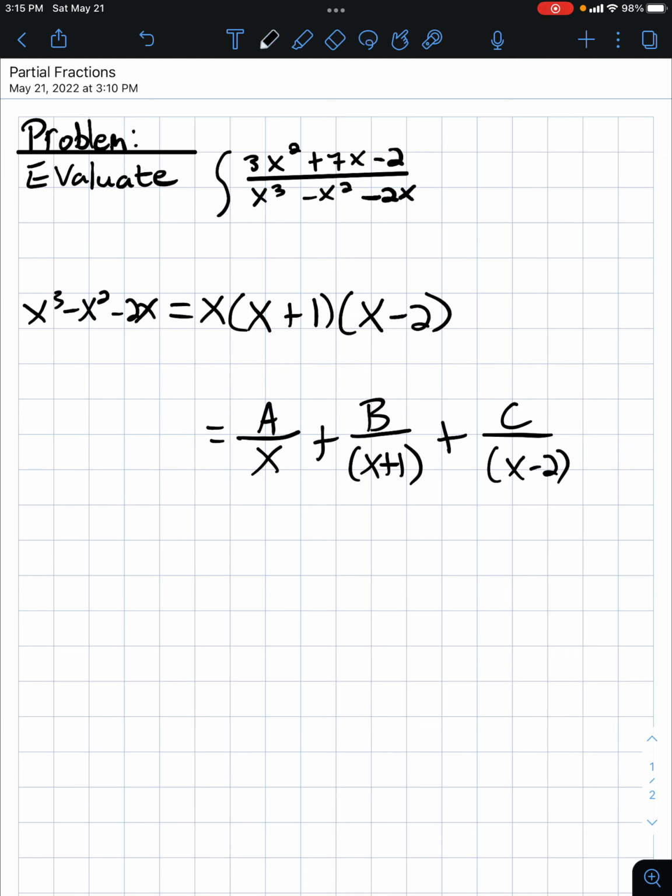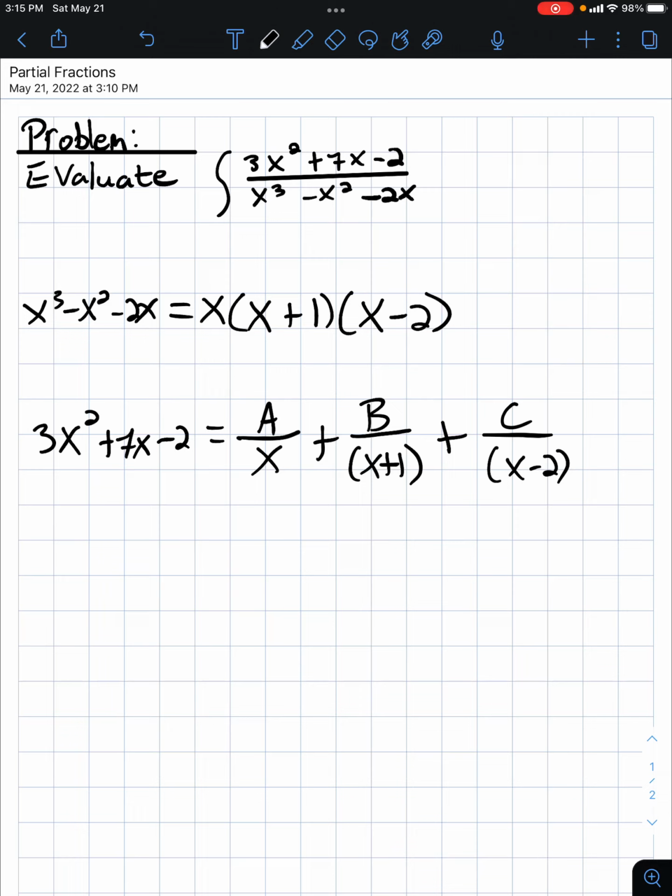Before we do that, let's clarify: our numerator 3x² + 7x − 2 over the denominator is equal to A divided by x plus B divided by (x + 1) plus C divided by (x − 2).